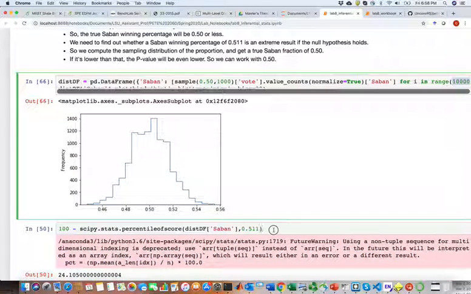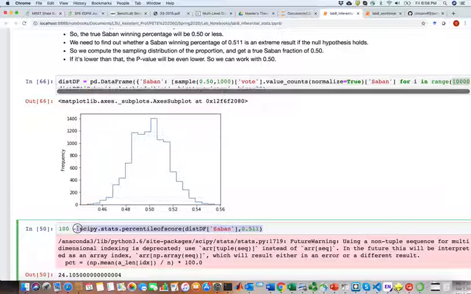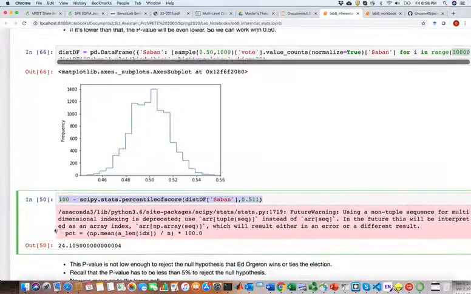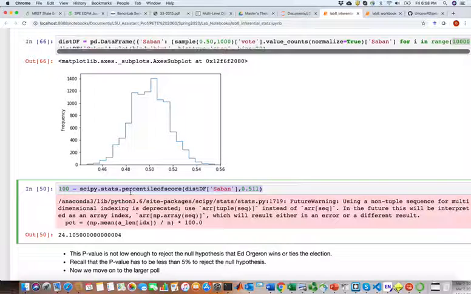And we use the percentile of score again, subtract it from 100 so you get the corresponding p-value. And that value is very large. It's 26%. Sorry, 24%. And the cutoff is 5%. So 24% is greater than 5%. So we do not have evidence to reject the null hypothesis.